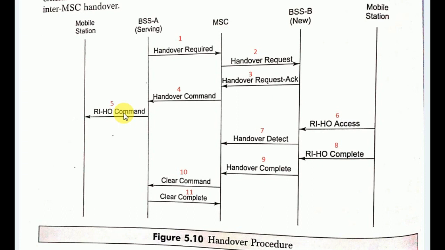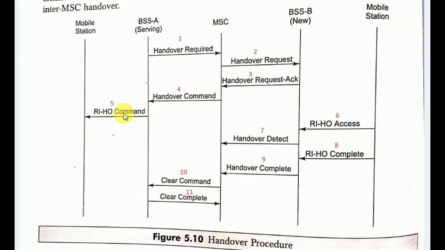These messages are the acknowledgement from the new BSS to the mobile station, and they also contain a reference number, that is, the handover reference number. The MS, that means the mobile station, changes its association from the old BSS to the new BSS with a handover access burst.